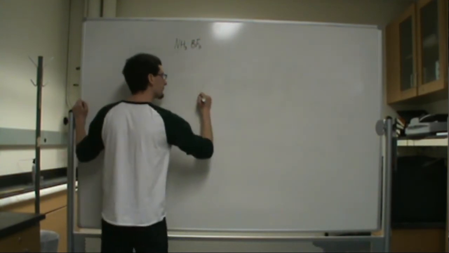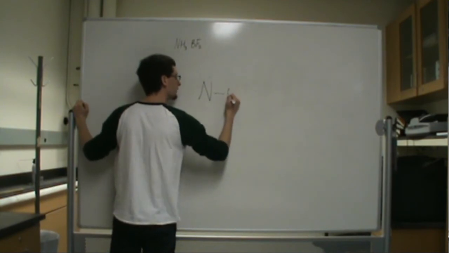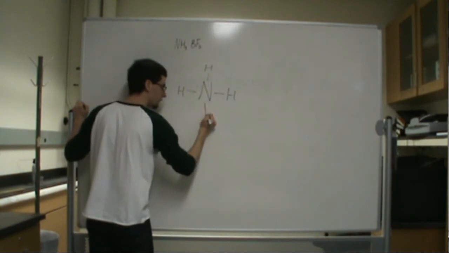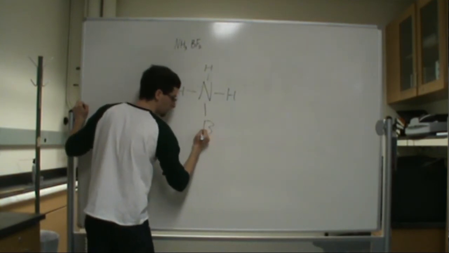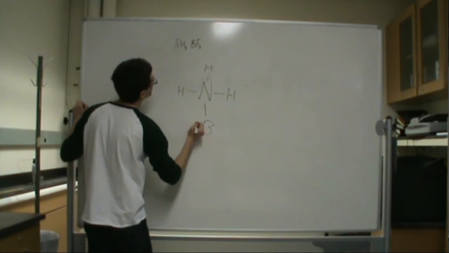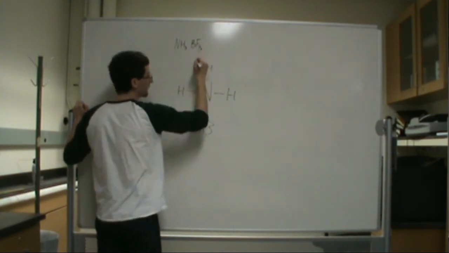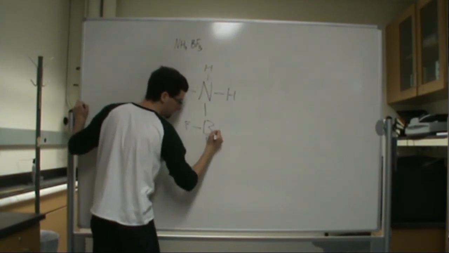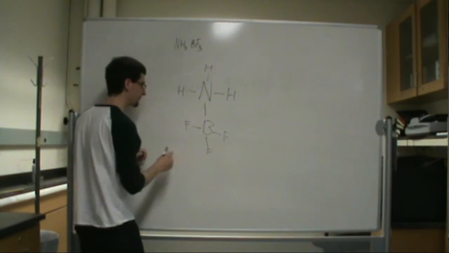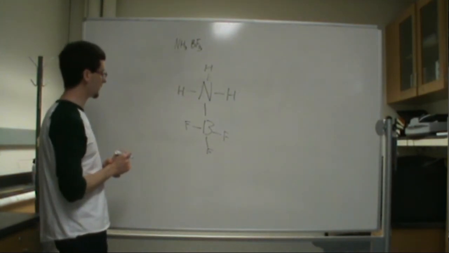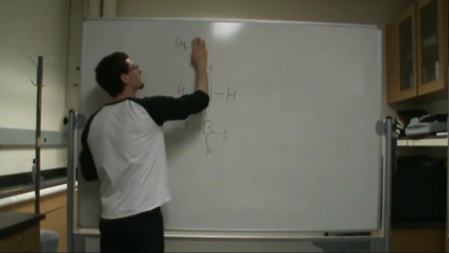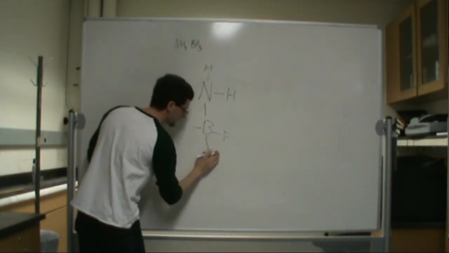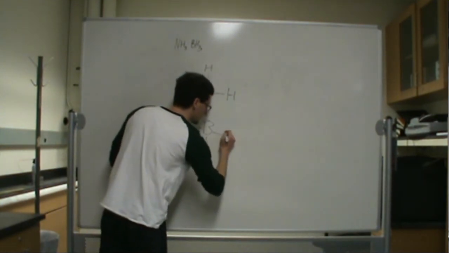So, nitrogen, H, B, I'm sorry, this should be a BF3. F, F, F. All right, we're going to have to count all of our, let's change this to an H. This will make this example much easier, actually. So get rid of these F's, they're actually H's.